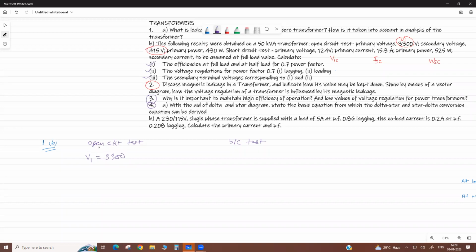Then in secondary also we measure the voltage V2. That is also we get 415. Actually these are primary here. These are equal to your induced voltage also, because it is no load voltage, correct? At no load.